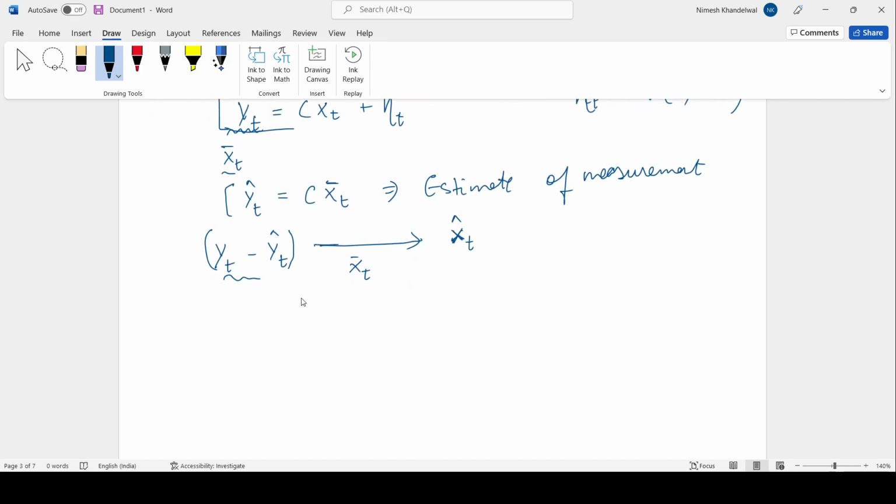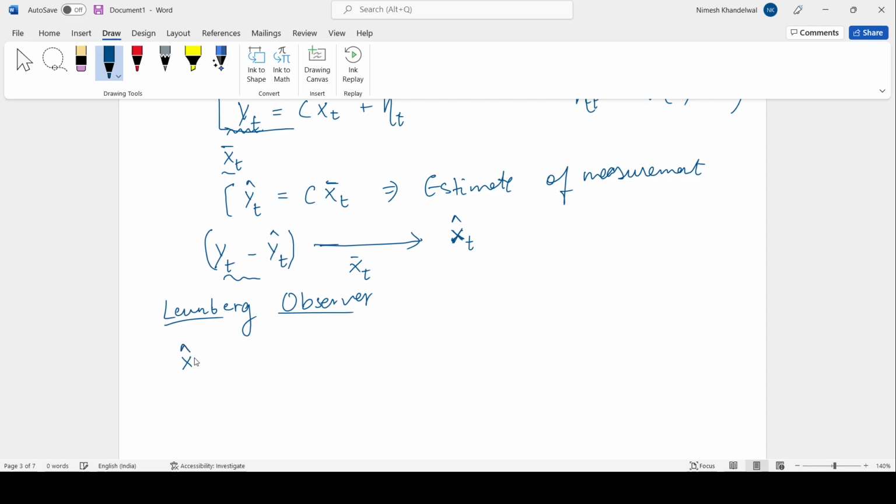Now for that we need to construct an observer, and the type of observer that we use in the Kalman filter is the Luenberger observer. So how does the Luenberger observer work? It is a linear observer.